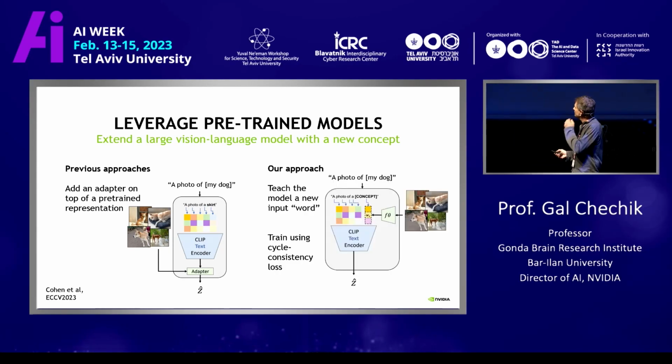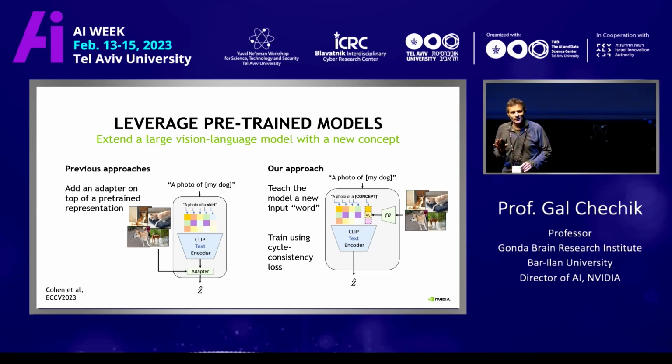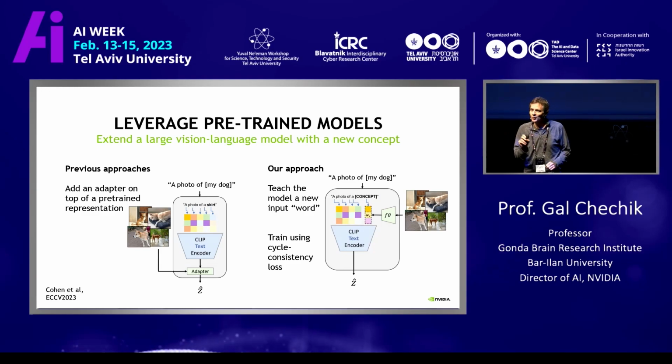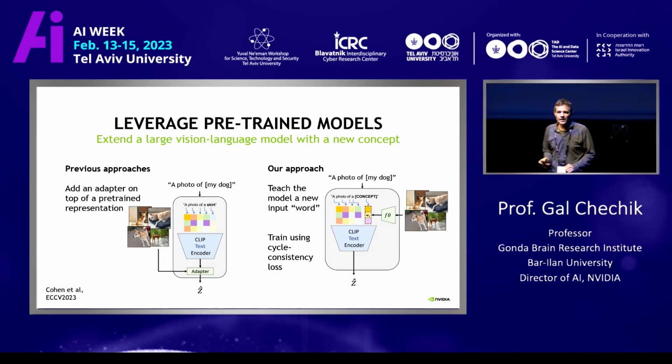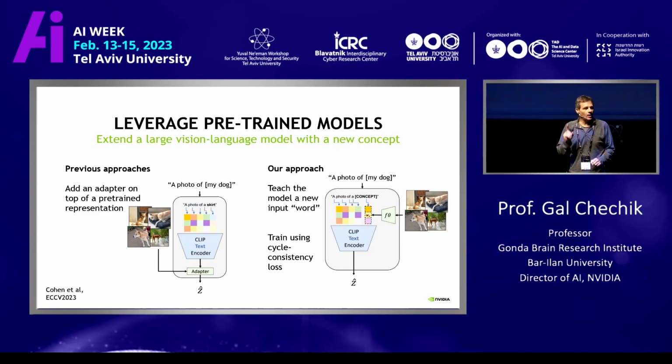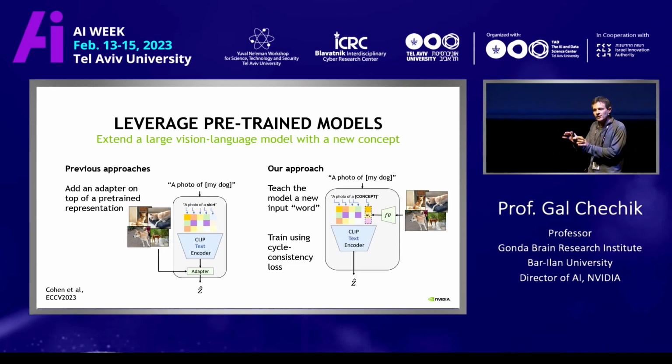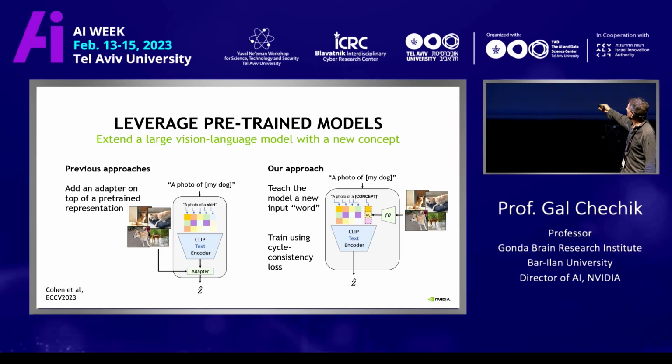So our approach was inspired by work that we did on learning to name things, or learning new words for concepts. And the idea was not to change the model, but actually learn to embed the visual content back into language. So the idea is the following. Think about a sentence like a photo of my dog, and this is going to be a photo of Max, right?